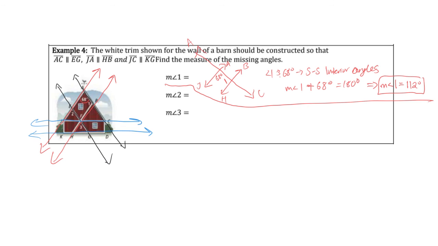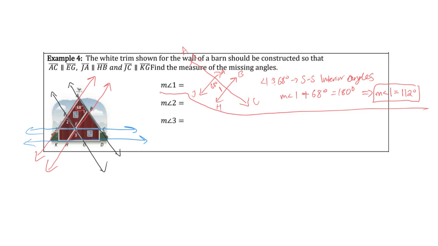For angle 2, we're using JA again, but that is our transversal, and we're using the two parallel lines EG and AC.